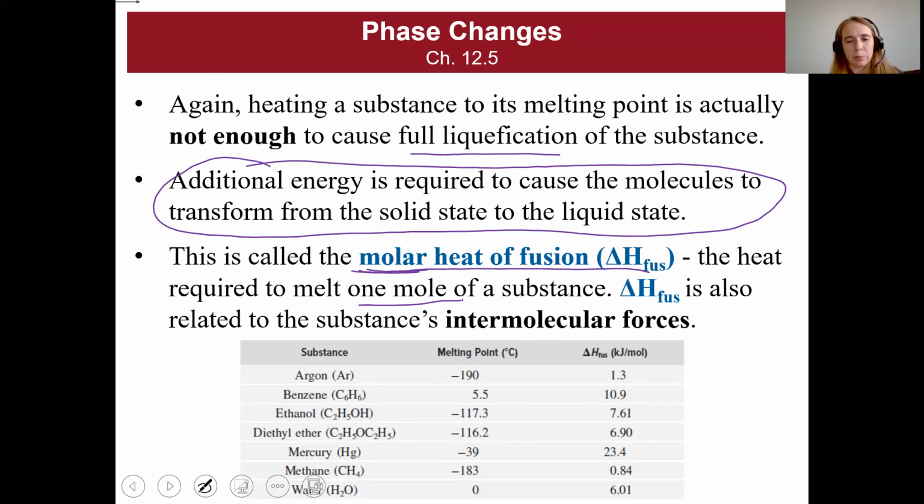So water has a pretty high melting point compared to the rest of these substances actually. And it's got a decent delta H of fusion. The melting point of argon is really low. Delta H of fusion is pretty small.